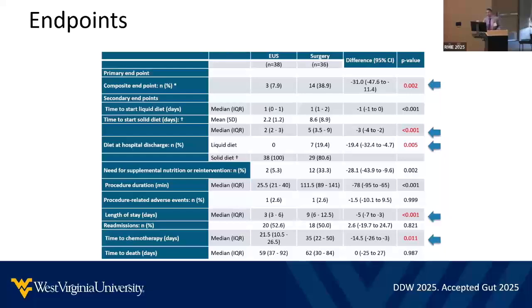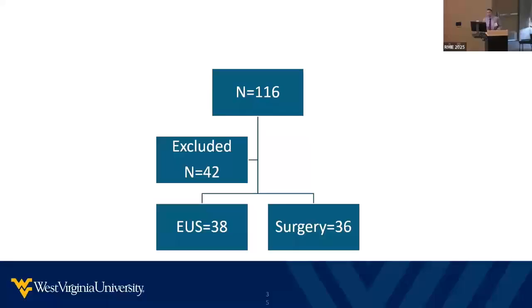But it's important to realize that this was comparing EUS-GJ to surgical GJ, and did not compare it to enteral stents. And if you look through the methodology when this becomes published, it's going to be critically important, because 42 patients were excluded from this study that were evaluated to start with.